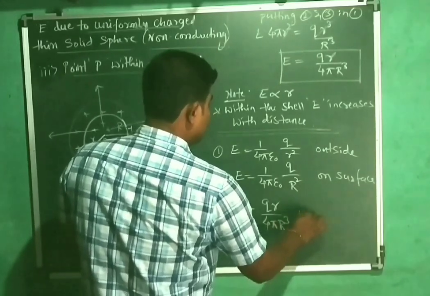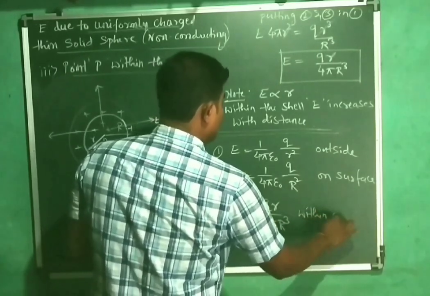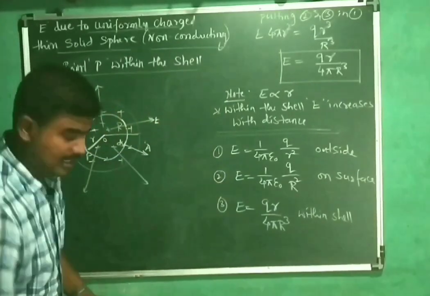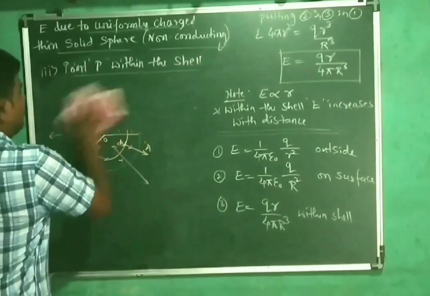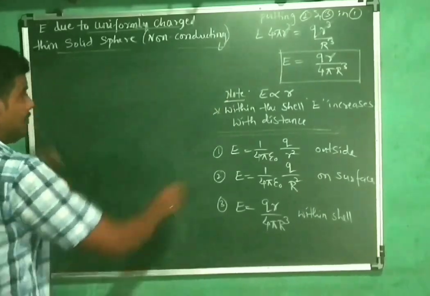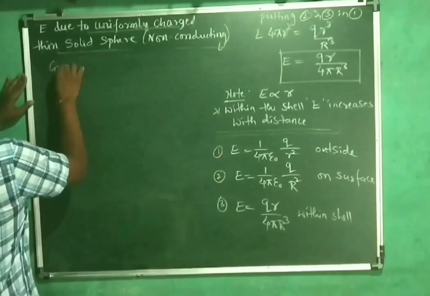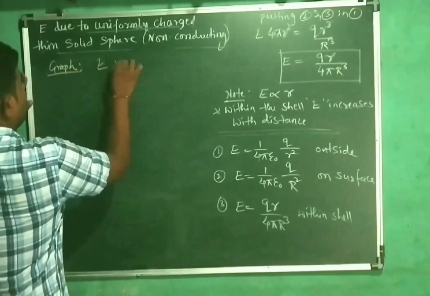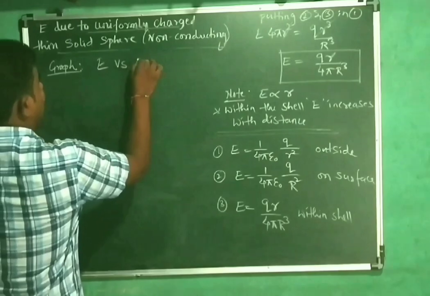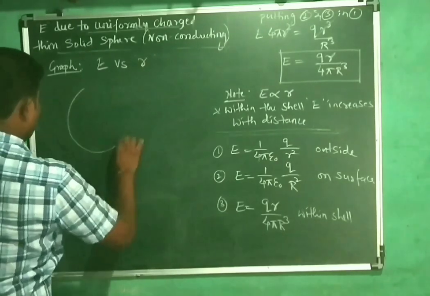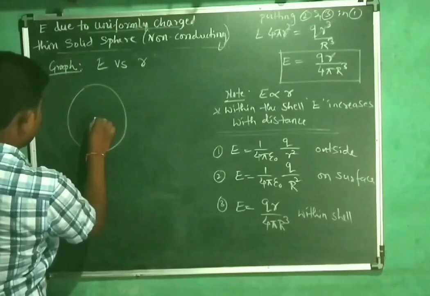This is within the shell. So by using these three cases, we shall draw the graphical representation, graph E versus R.